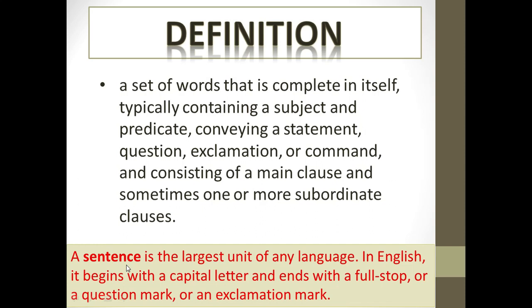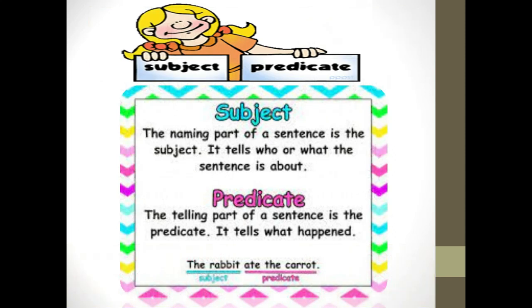If there is a question, we put a question mark. If there is an exclamation, we put an exclamation mark. So this is the simple definition of a sentence: it always starts with a capital letter and ends with a full stop.